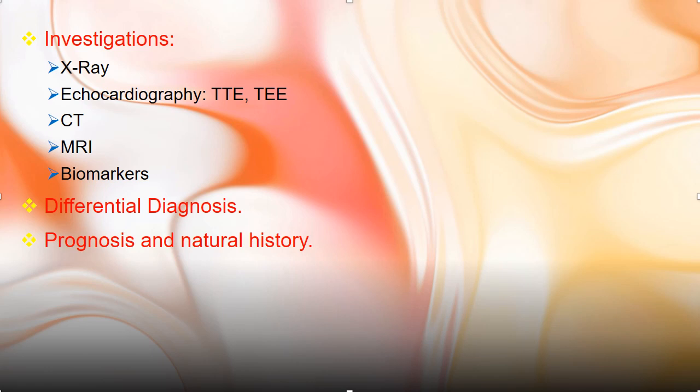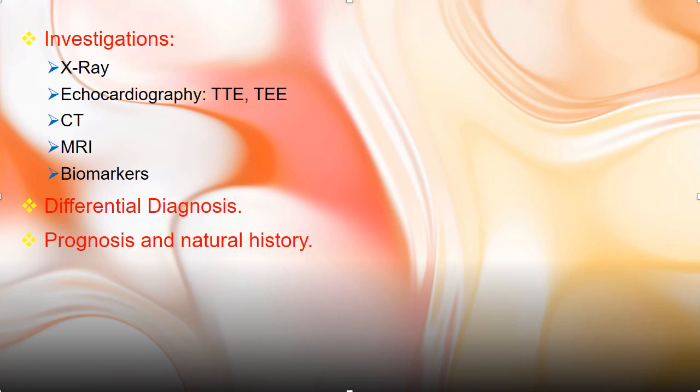Here echo may be very important if it affects the ascending portion, and in some cases we can detect by echo an aortic aneurysm involving the arch. TEE, or transesophageal echo, is very helpful in the diagnosis of aortic aneurysm and its complications such as thrombus and aortic dissection. So echo is very simple and very feasible.